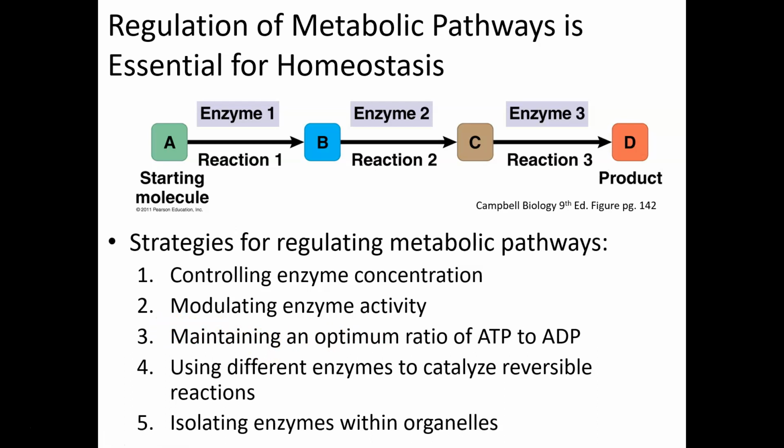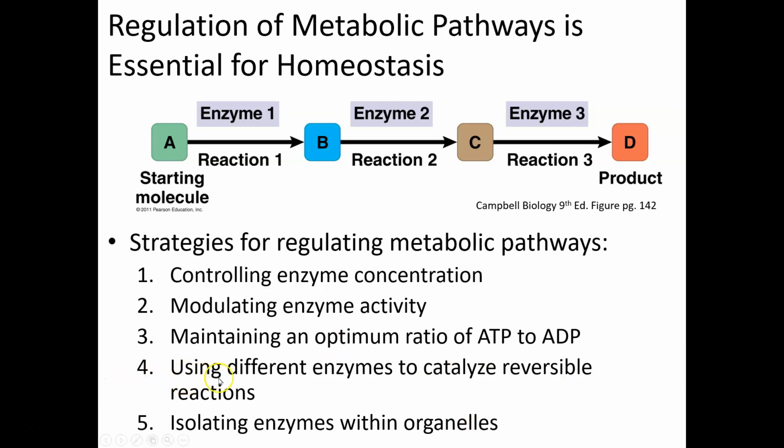And again, as you start to make too much ADP, your body says, oh, we need more energy, and it speeds up your metabolic processes. If you make too much ATP, your body says, oh, I've got enough ATP. I don't need to start sending it off. So that will slow the metabolism down.